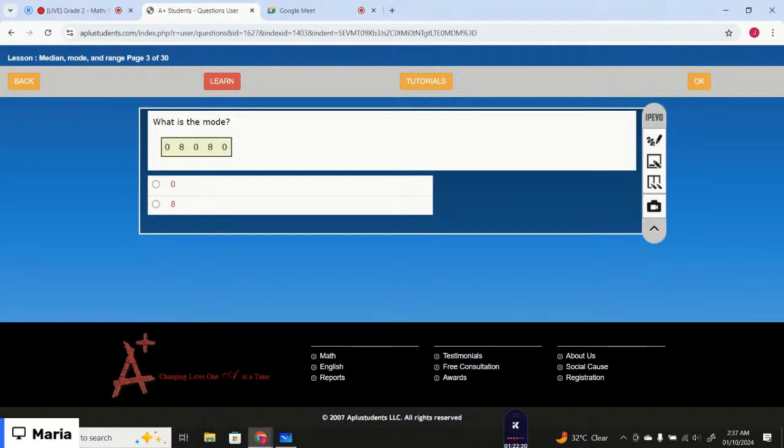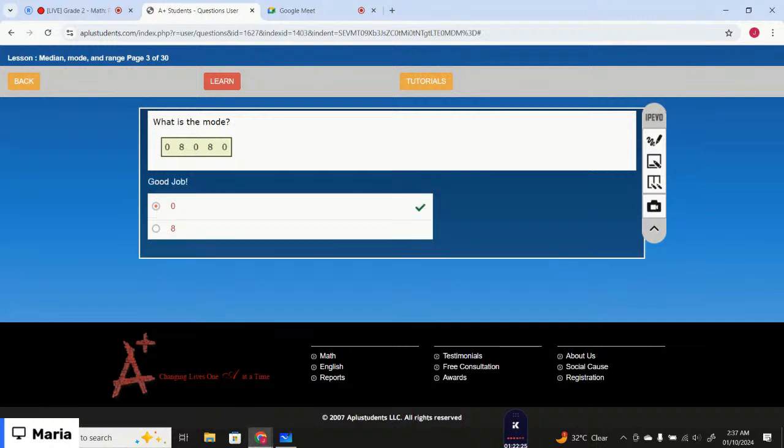Mode is the value that appears the most of the time. So 0 it is, you can see 0 three times in the given data. Got it? Very good.